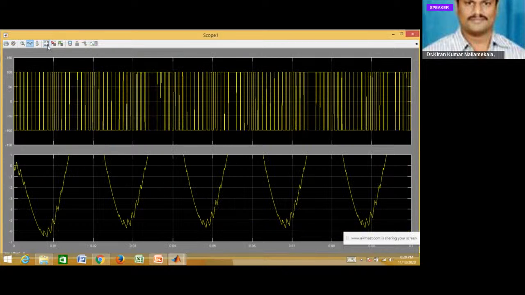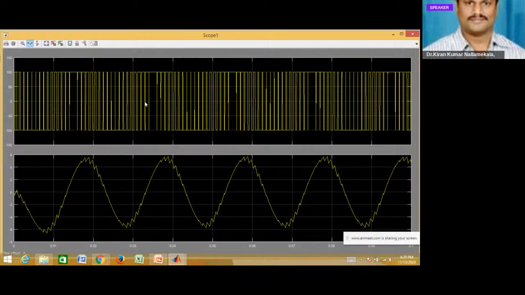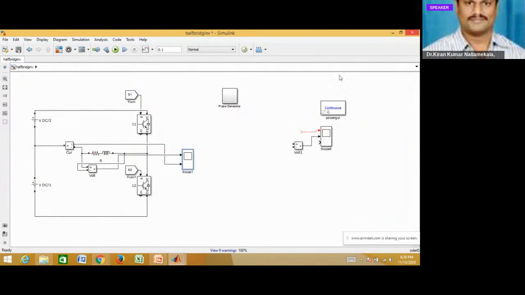Yes, this is the voltage waveform and this is the current waveform. If you see here, the voltage is varying from minus 100 to plus 100. So dV is high, dV by dt is high, and so you can see the current ripple, how the ripple content is more in two level inverter. The same thing we will simulate for full bridge inverter and then we will see the results.